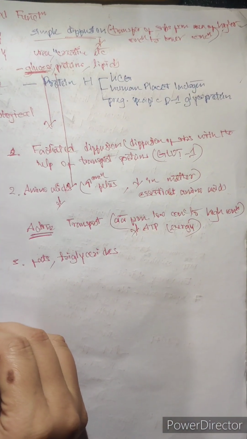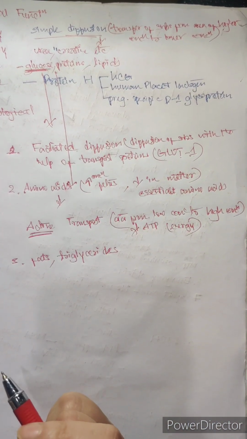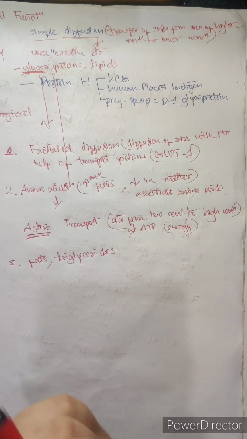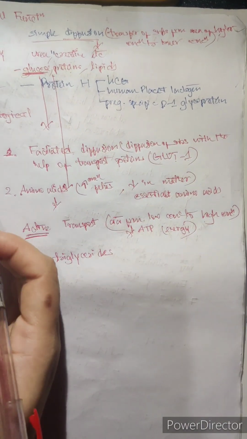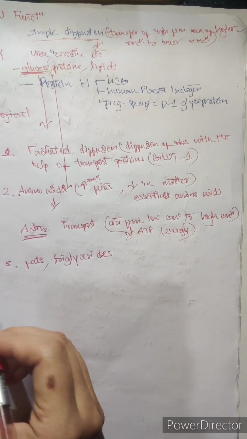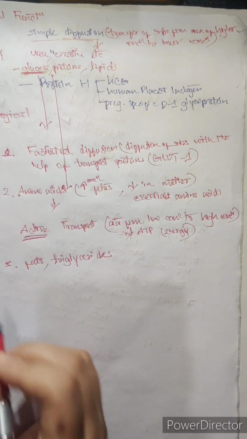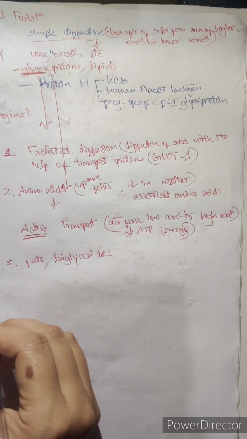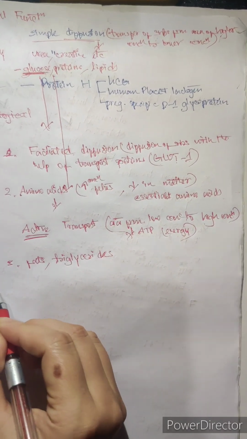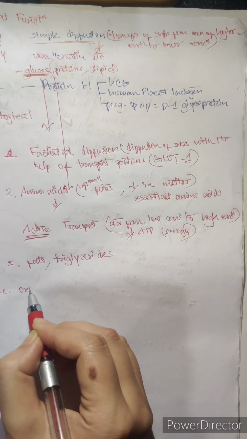So next is your endocrine function or your enzymatic function. Okay, endocrine or enzymatic functions. Your placenta secretes some enzymes, known as diamine oxidase.